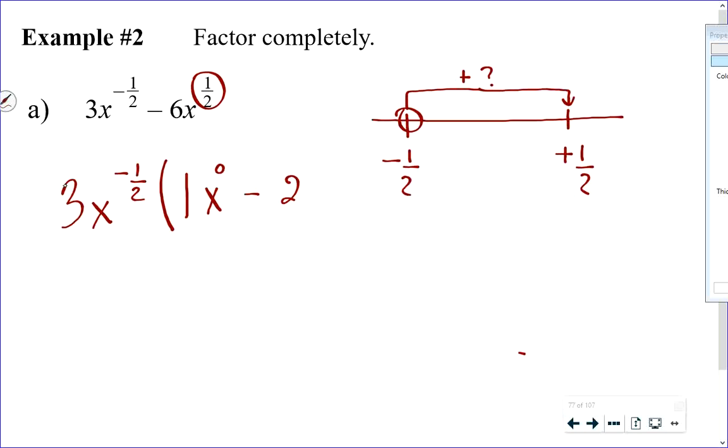And I can see it's 1. If you don't know that from negative 1/2 to 1/2 is 1 by thinking of a number line, I don't know what to say. I think we all know that. So this will be 2x to the 1. And if you wanted to, you could multiply this out to confirm that you'll get 3x to the negative half minus 6x to the positive 1/2 when you add these exponents. So we end up with this.